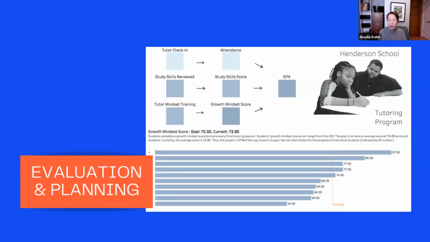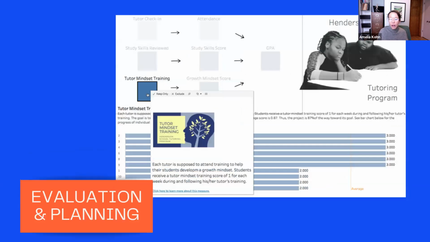The lighter colors show where there is less progress. And when you click on any one of those squares, you get more data at the bottom, sort of disaggregated data on how individual students are doing in the program. You can also scroll over components to learn more about different aspects of the program. This information can include images and web links.